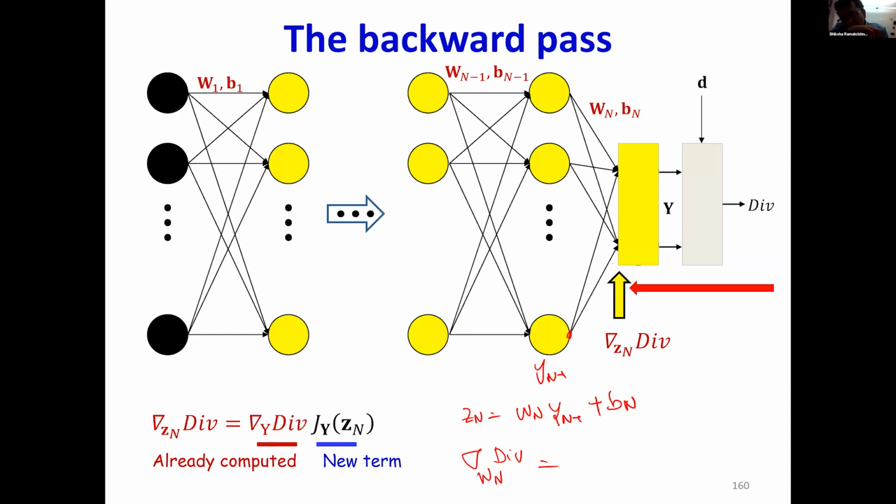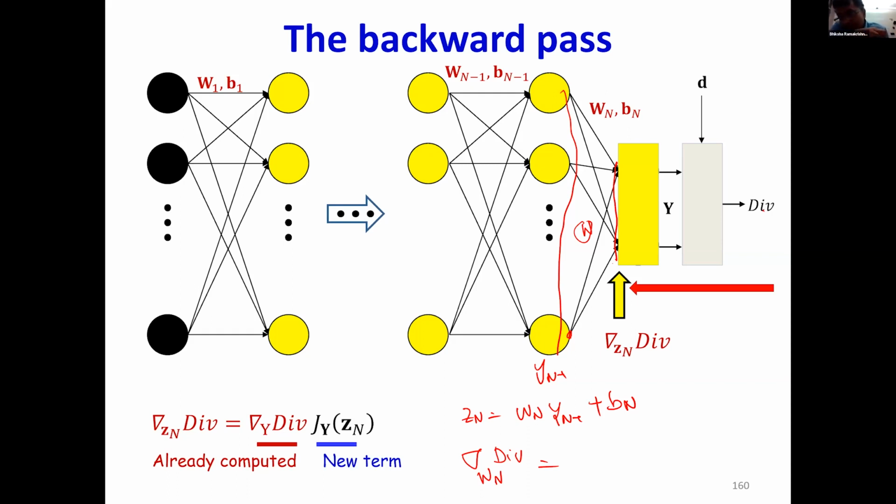Using the previous rules that we saw. Anyone want to take a guess? So I have this is my y, which is the input. The z is the output. There's a w over here, right? What is the derivative of the divergence with respect to this w? Using the rules that we just saw.